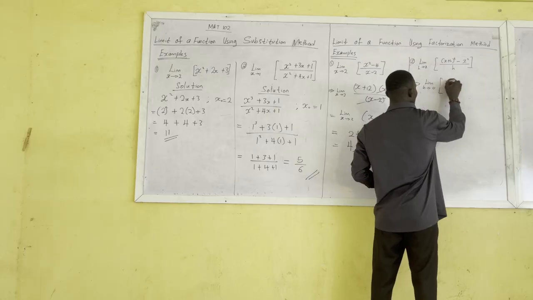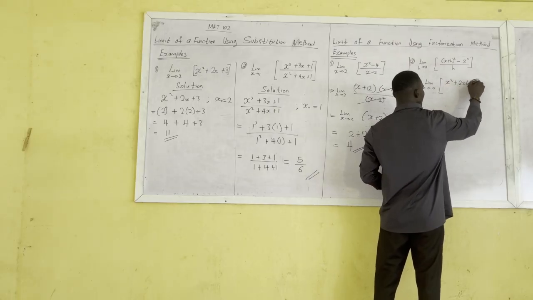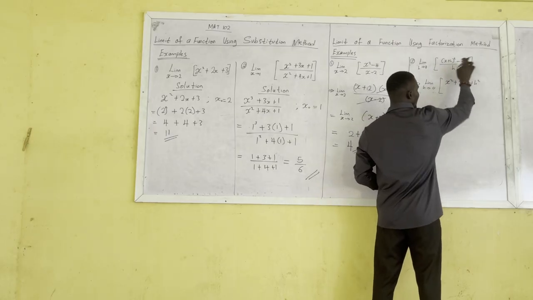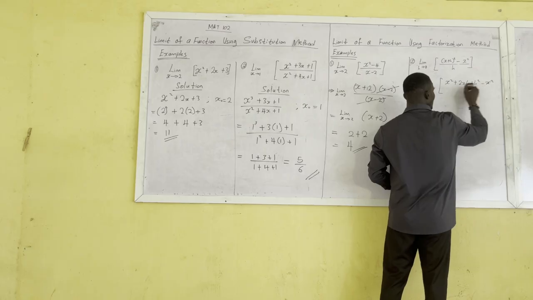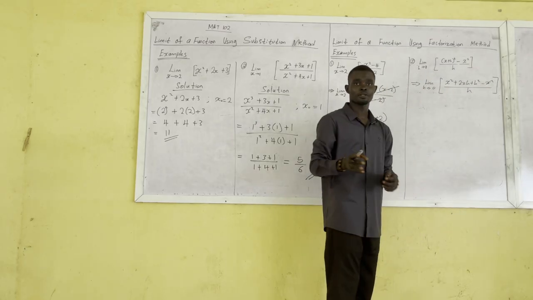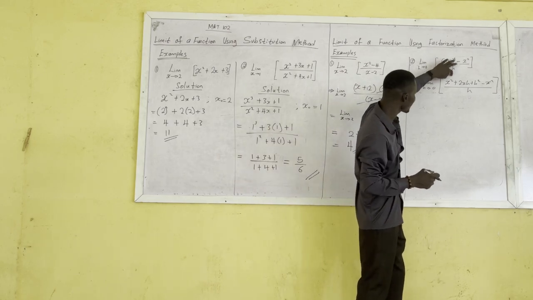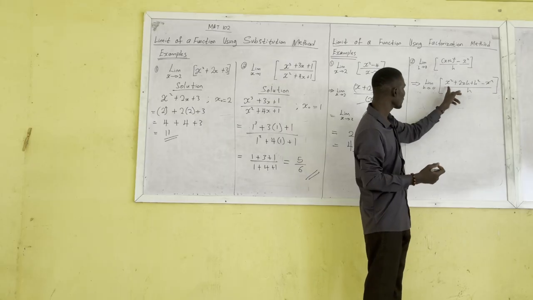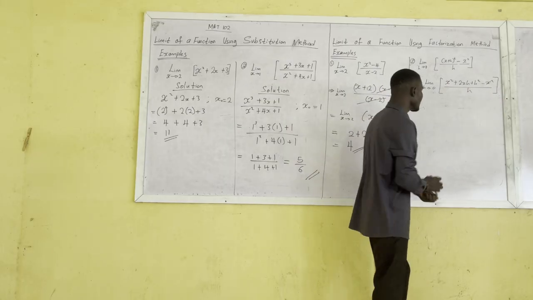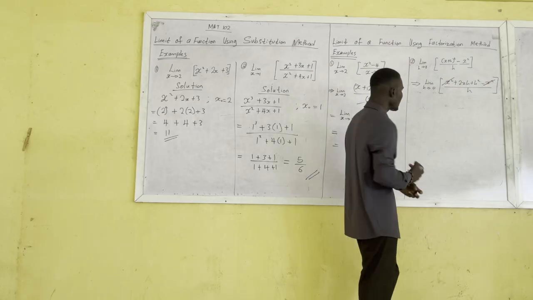We have x squared plus 2xh plus h squared, and minus x squared, all over h. I believe you are following. Now, if we look at this, we have x squared here, and x squared here. One is positive, the other one is negative. It means the first x squared rules out the second x squared. What are we left with?